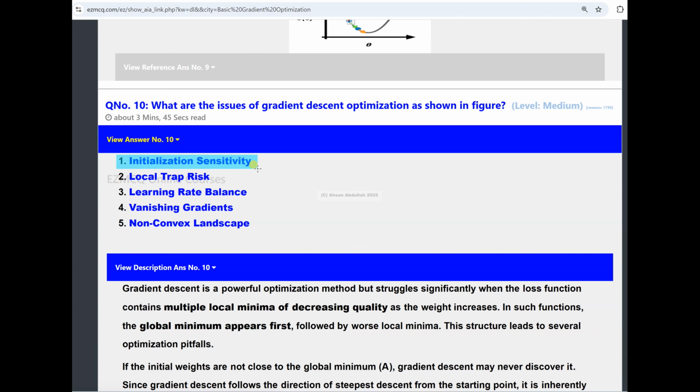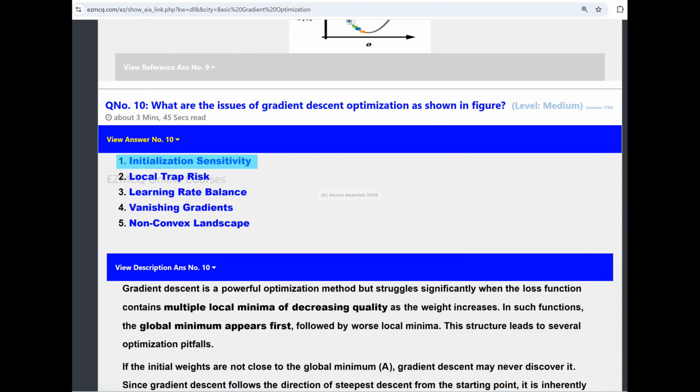Initialization sensitivity. As you must have noticed by now, the gradient descent outcomes are heavily dependent upon the starting point, right? Where you start determines where you will end up. If the starting point is beyond A, the optimizer may never reach A and settle at B or C, and the result will be suboptimal, right?